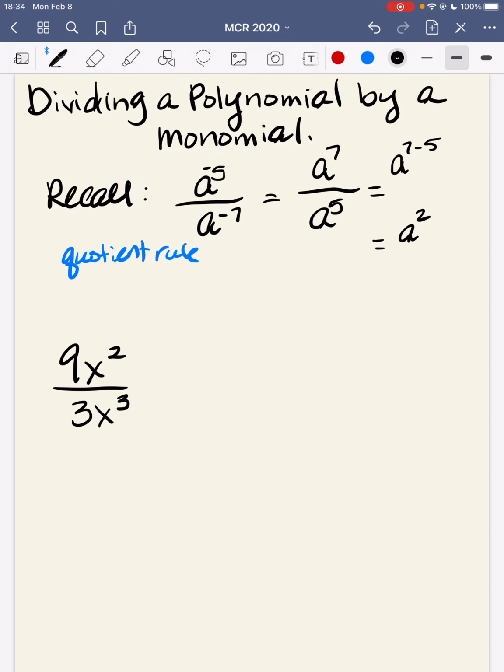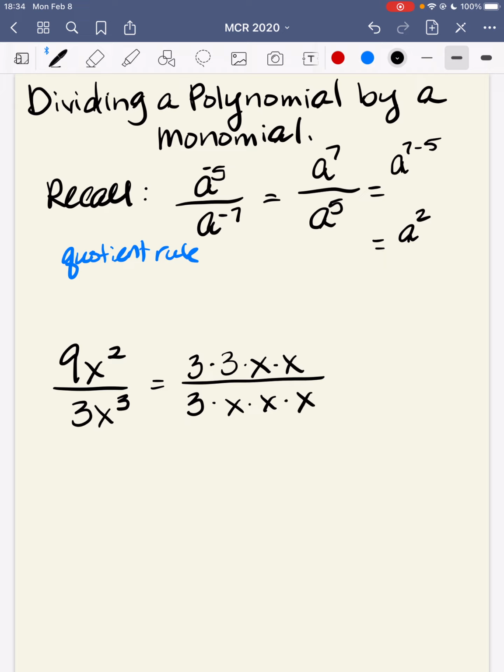The same idea applies if you get a fraction like the second example here. If I have 9x squared over 3x to the third, I have 9, which is 3 times 3, and x squared, which is x times x, over a 3 and 3 x's.